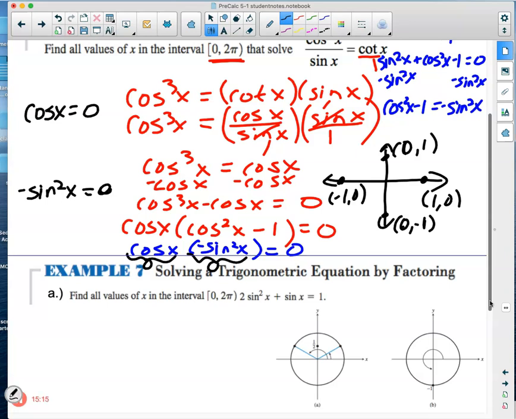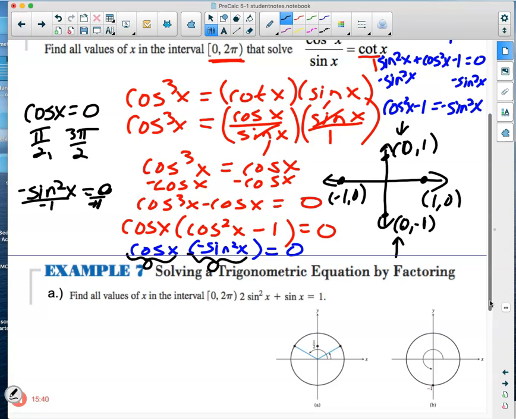So I see my zeros for cosine right here and right here. And that's pi over 2 and 3 pi over 2. So there are 2 of the solutions. And then I have to figure out, well, when is sine squared x going to be 0, or negative sine squared x? But the first thing I do is divide both sides by -1.